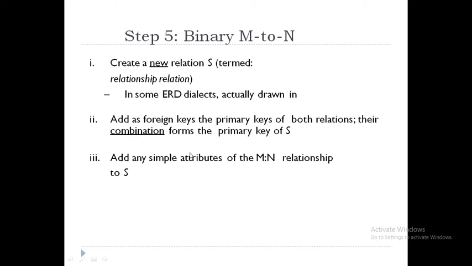The combination of these primary keys of the participating entity types will become the primary key of the new relation. And if you have any simple attributes in the relationship type, those must be included in the new relation.